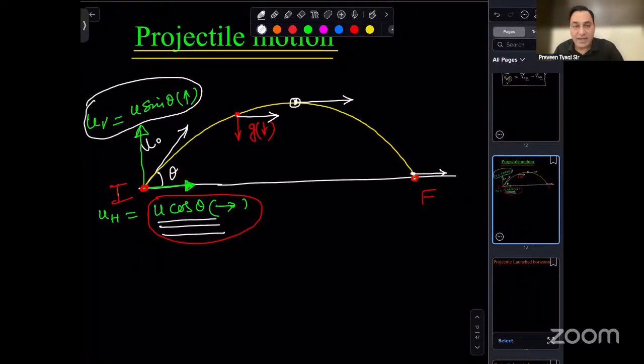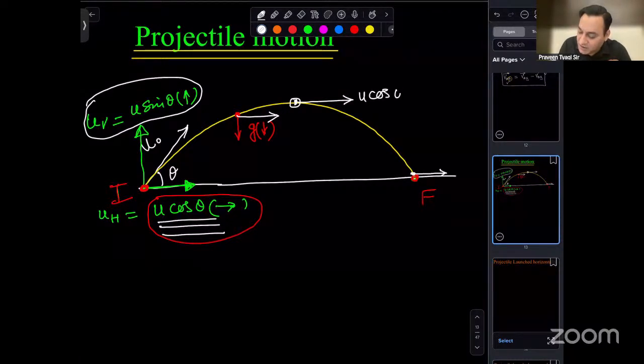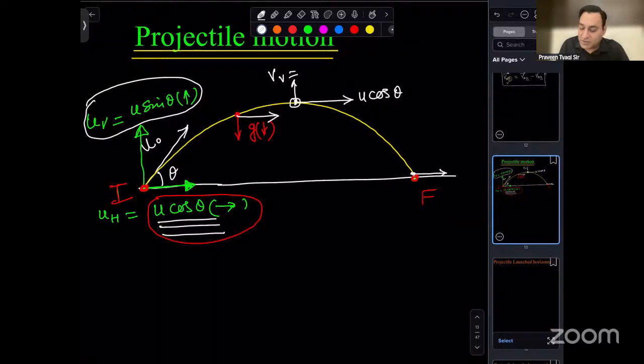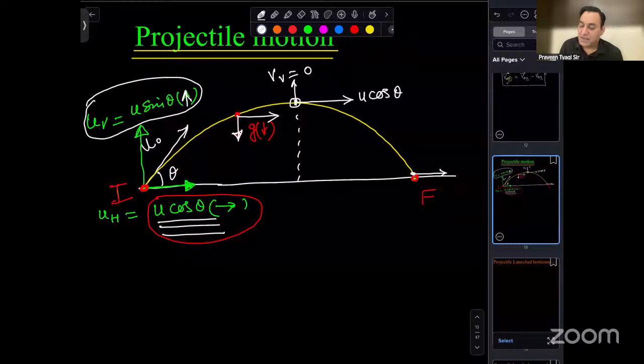At the highest point, what will be the vertical velocity? Horizontal velocity will be u cos theta. What will be the vertical velocity at the highest point? Final vertical velocity will be zero. Acceleration due to gravity, which was acting downwards, kept on decreasing its velocity. Initially, the vertical velocity was upwards. It kept on decreasing, and when it reaches the maximum height, it becomes zero.